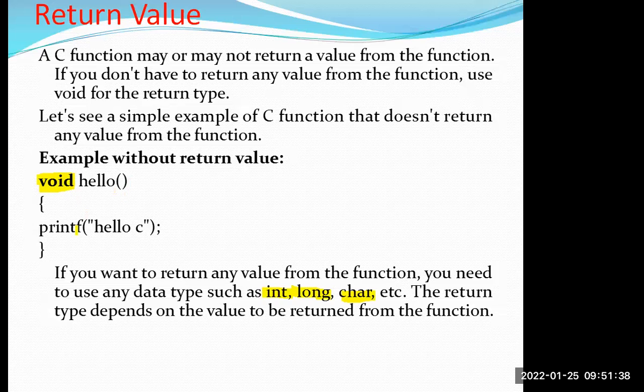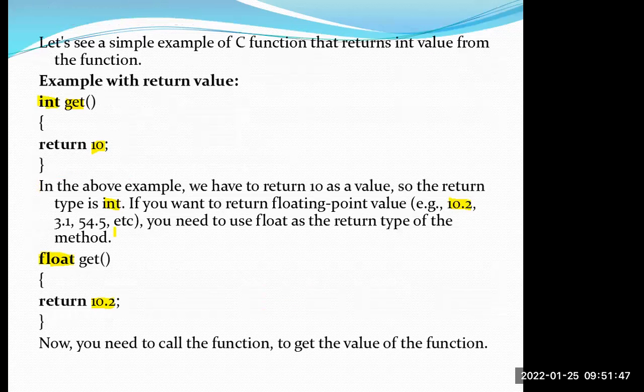We do not use the keyword return. It just simply prints. This is the example for no argument, no return. The getter has no argument at all, but we are returning the value. In the next example, we'll see argument as well as return.